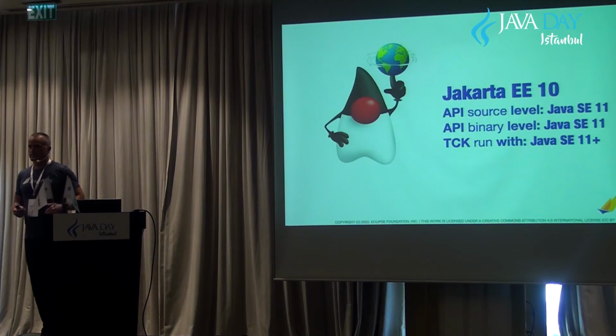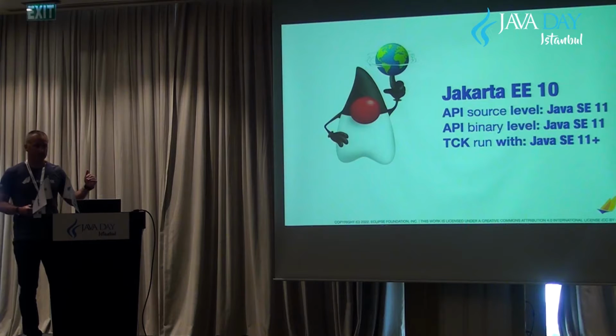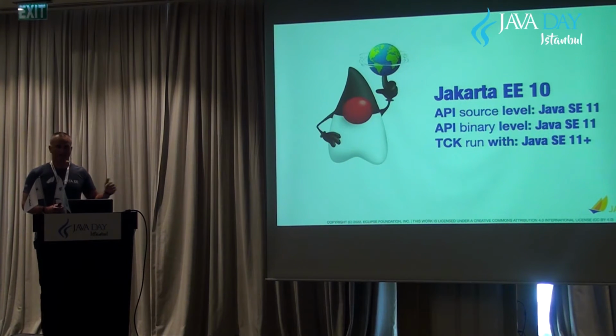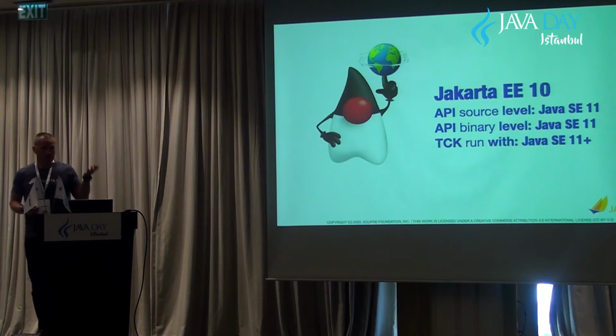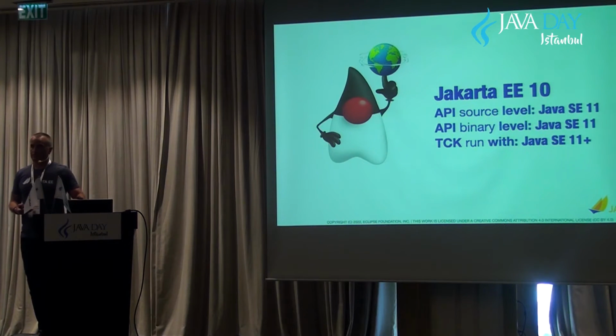Also in 10, we're raising the Java SE requirements level. So we're compiling all APIs to Java SE 11. That means you have to go to Java SE 11 in order to use Jakarta EE 10. And we're saying that we're not allowing any API features above 11 in the APIs, so we can compile it to binary level of 11.